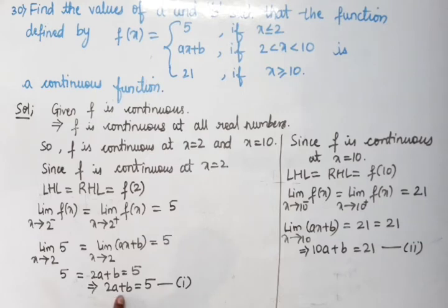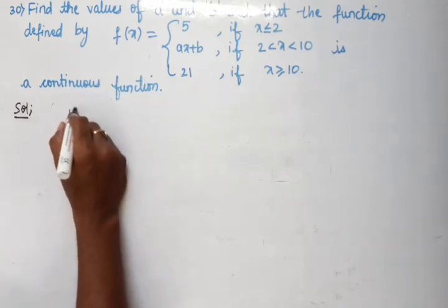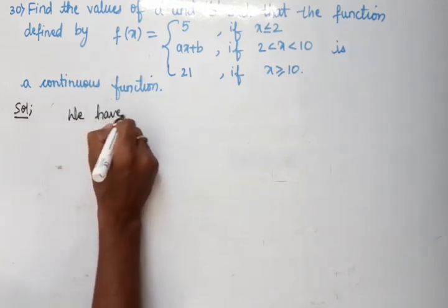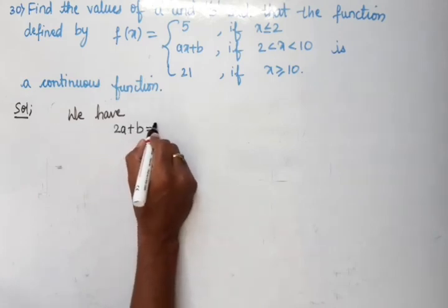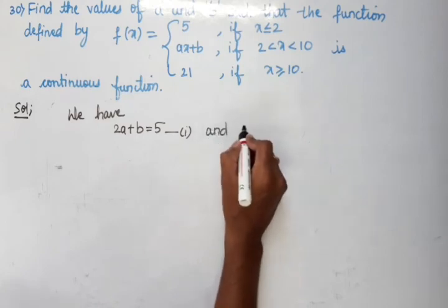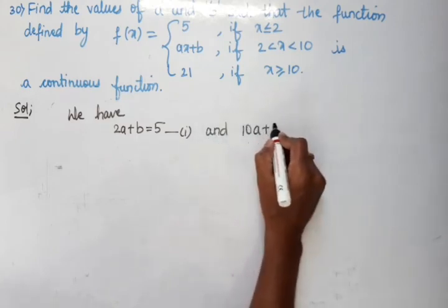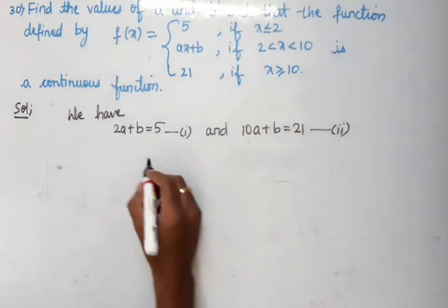So here you have equation number 1 and equation number 2, two linear equations. Solve them and you will get the values of a and b. We have 2a plus b is equal to 5, equation 1, and 10a plus b is equal to 21, equation number 2.